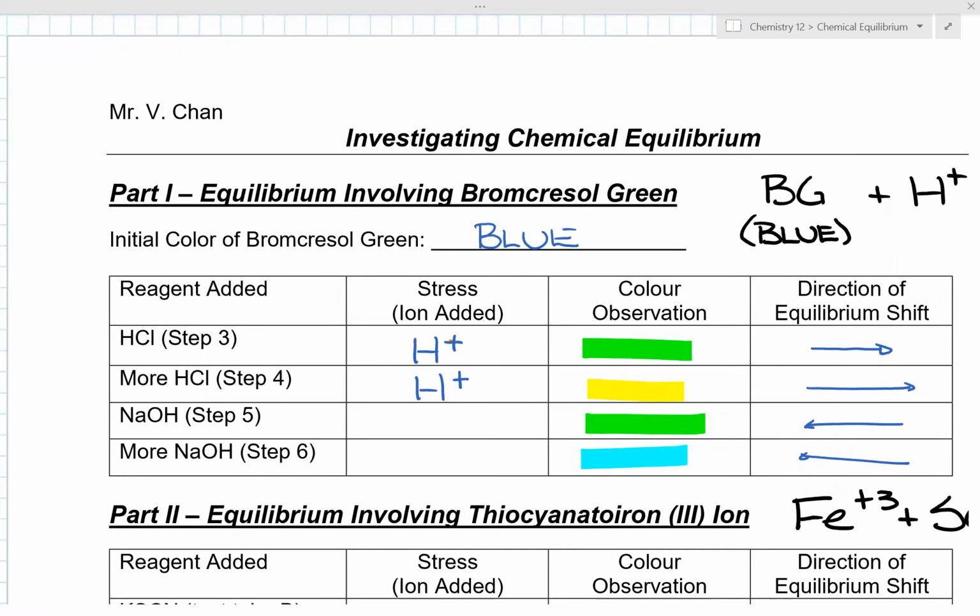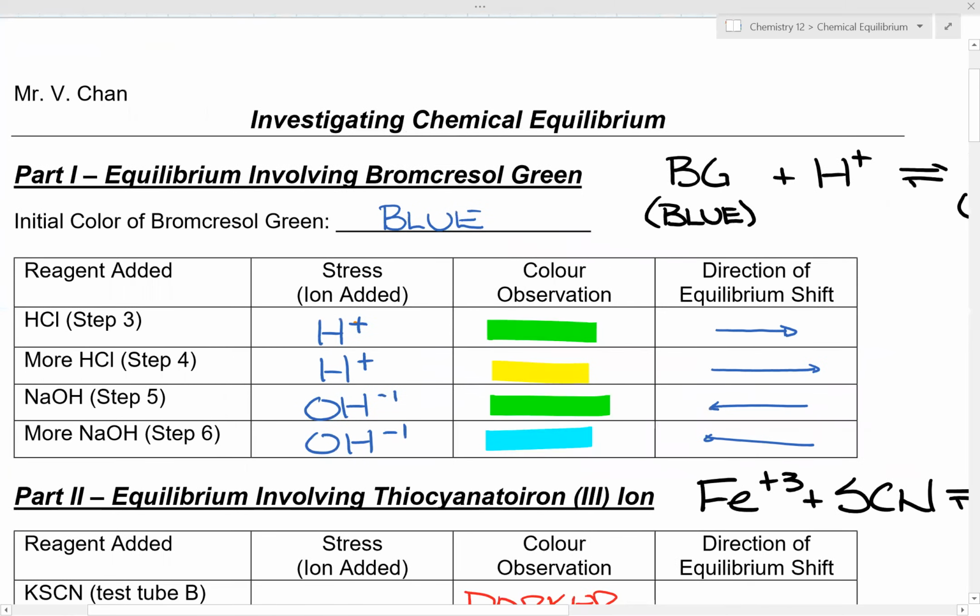NaOH, it's a base. In the post-lab discussion, what does a base provide? OH- ions. Now, you might say, well, Mr. Chan, why does it shift to the left? Because what does the OH do?